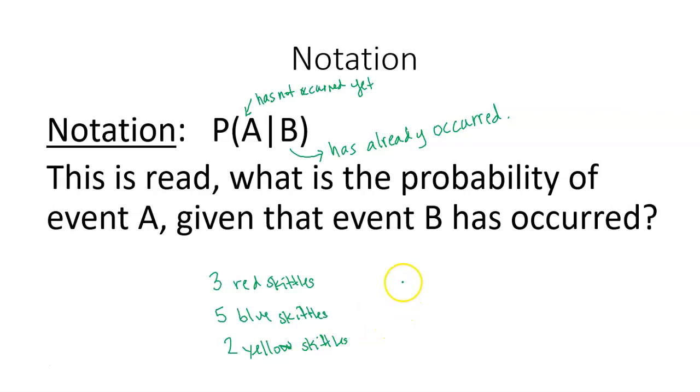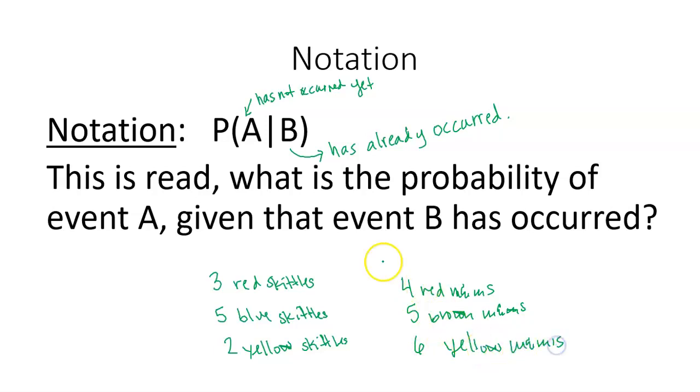And then I also have some M&Ms. Say I have 4 red M&Ms, 5 brown M&Ms, and 6 yellow M&Ms.